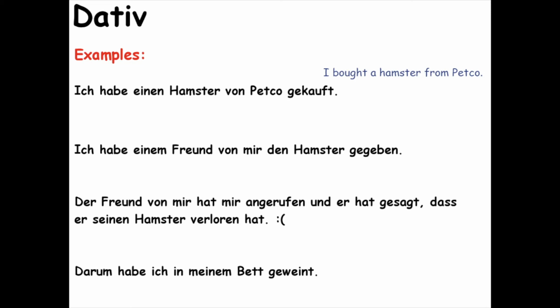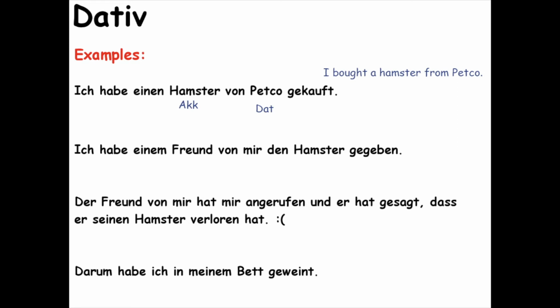That makes hamster, in the accusative case, we modify ein to einen because we know that in the accusative case, that article will change. Now, where did I buy it from? Von comes from the song, the waltz song of prepositions. Aus, außer, bei, mit, nach, seit, von, zu, gegenüber. Okay, so we know that Petco is going to be dative. We're not going to use an article, but just know that Petco is dative.